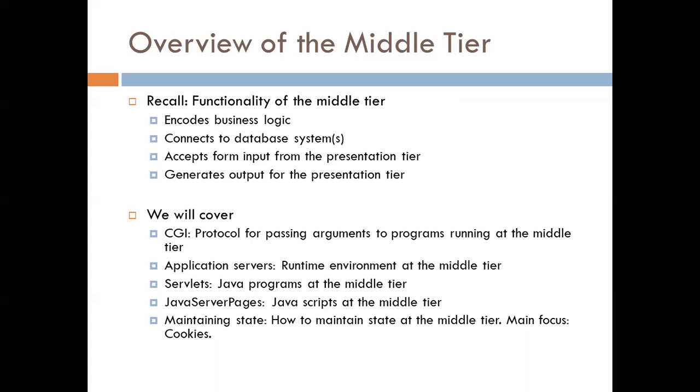In place of plain HTML, we will be embedding some Java code in between. Such pages are called Java server pages. And how to maintain state in the middle tier. In state maintenance, we will be studying cookies.